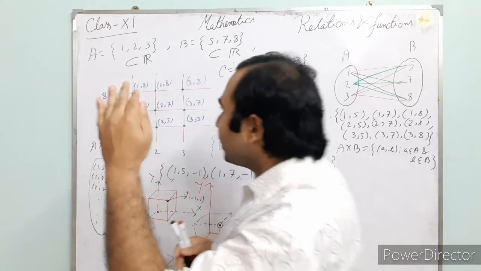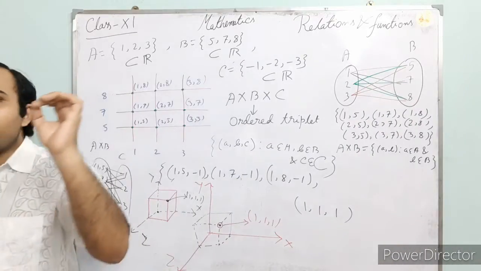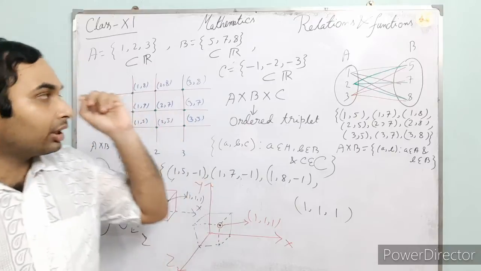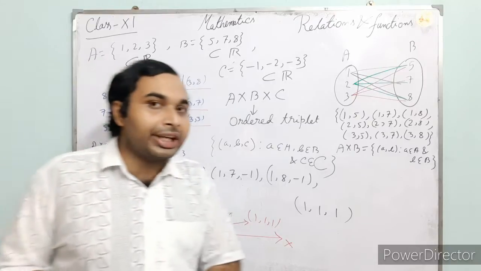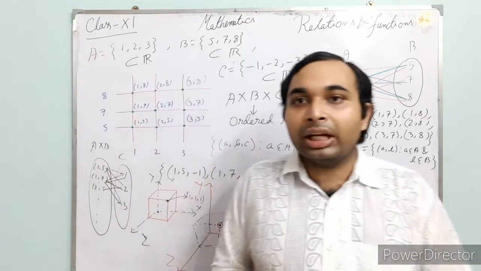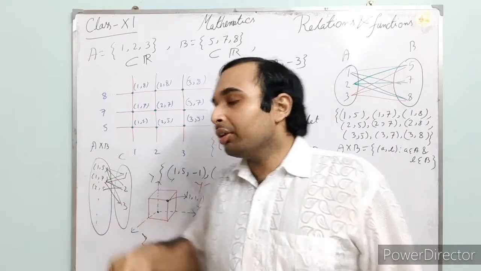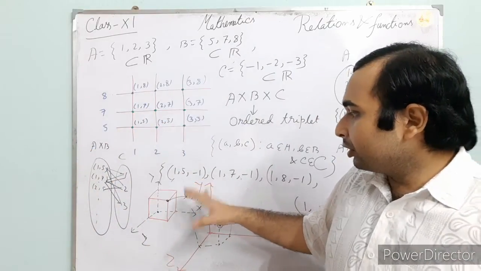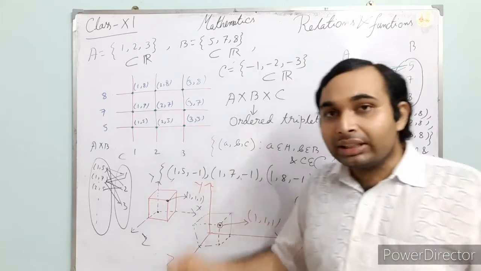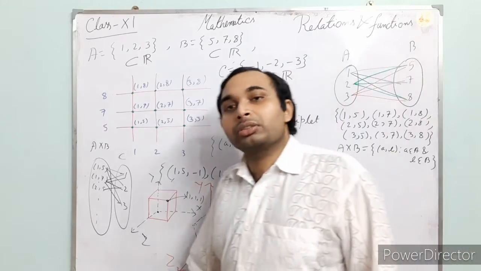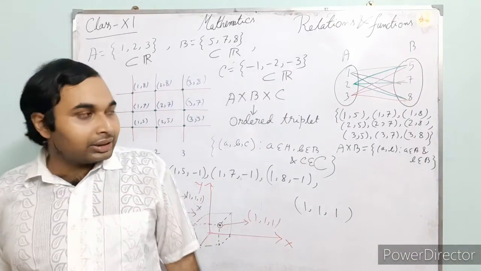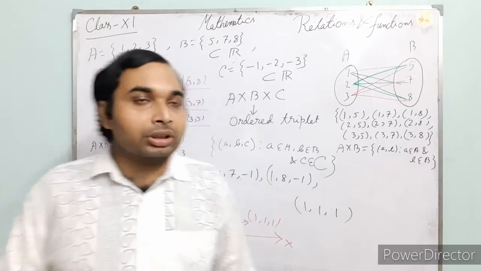So we are dealing with a simple concept, that is the Cartesian product of two sets, and we have reached the three-dimensional plane. This is the beauty of this concept. Okay, so I think you have got those concepts.